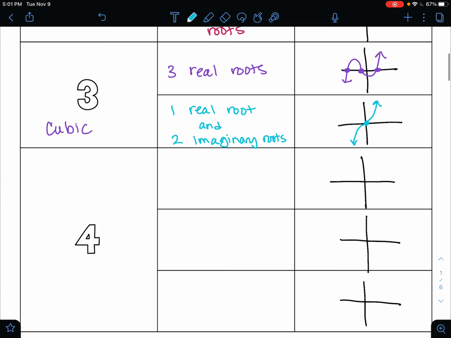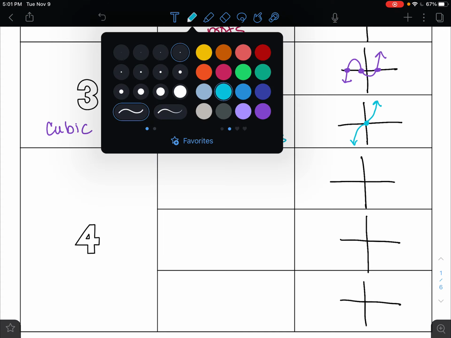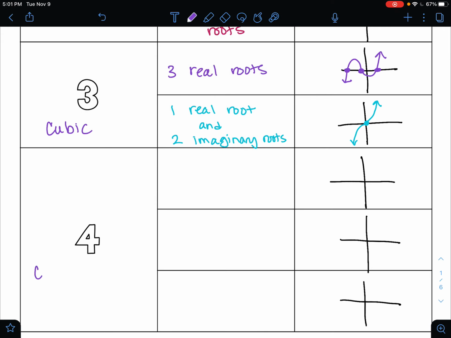And then if we are of degree 4, this is quartic. And 3 different things could happen here. The first thing that could happen is that you could have 4 real roots. So 4 real solutions. And that's what you've seen so far when we've done quartic functions.